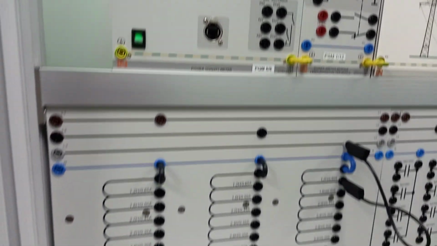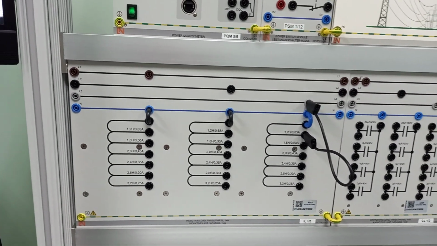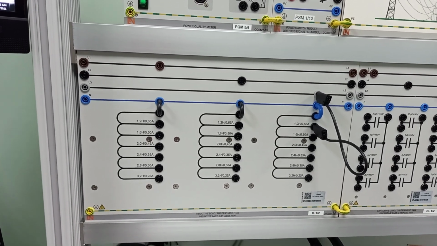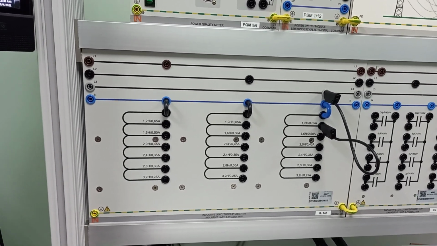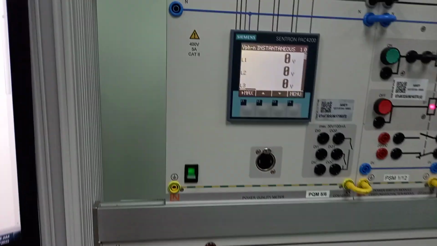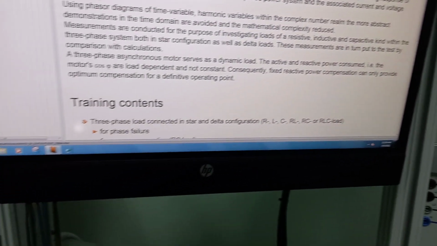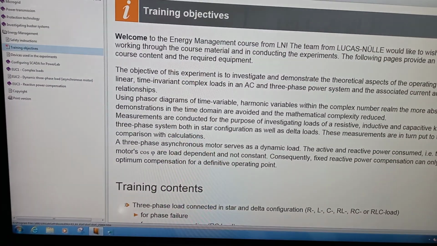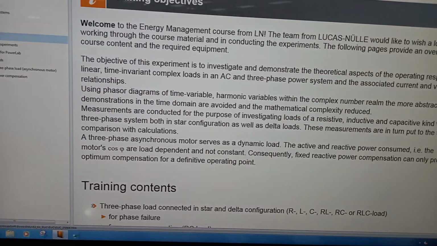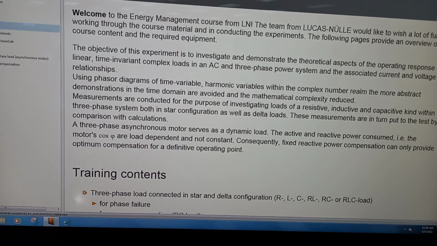Of course, you have to complete all the connections, either more inductive or more capacitive, and then we would like to see the response from here. That's the idea. Then using phasor diagrams of time-variable, harmonic variables, and so on.